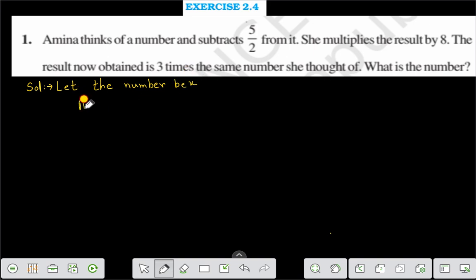According to the question, x minus 5 by 2, it is multiplied by 8.